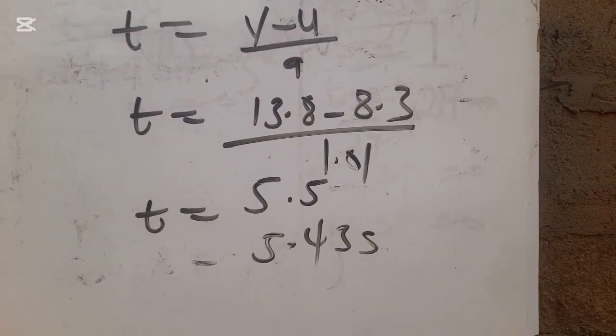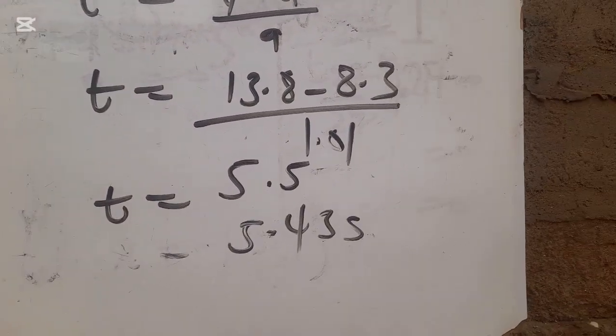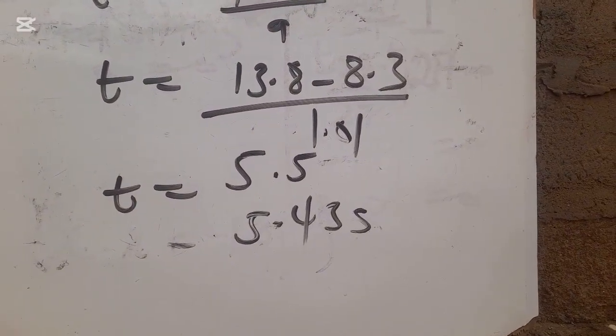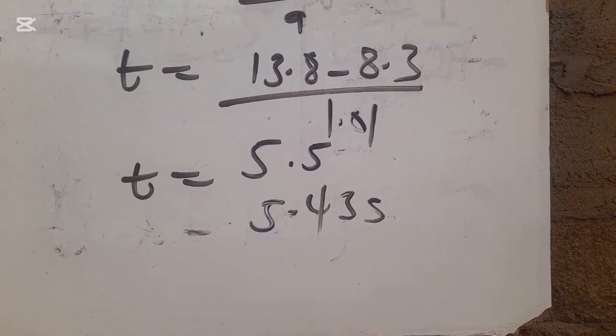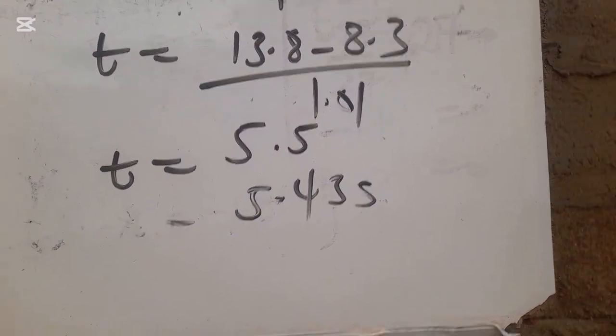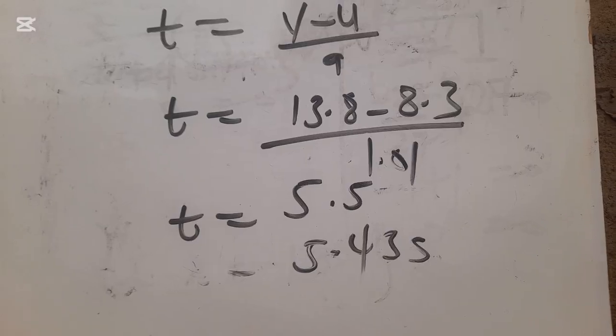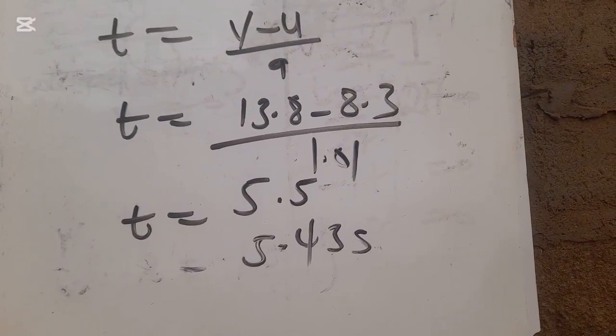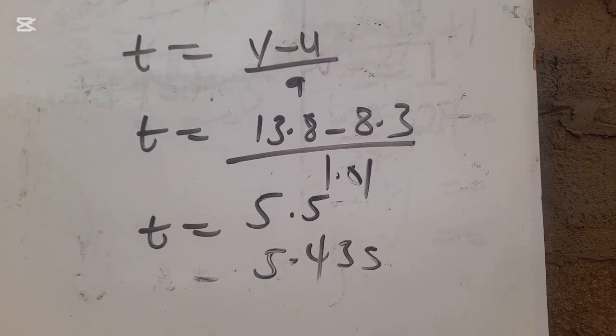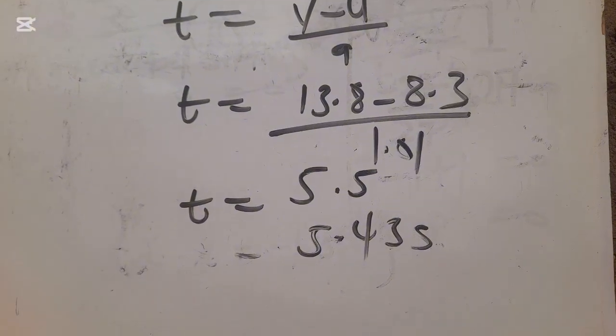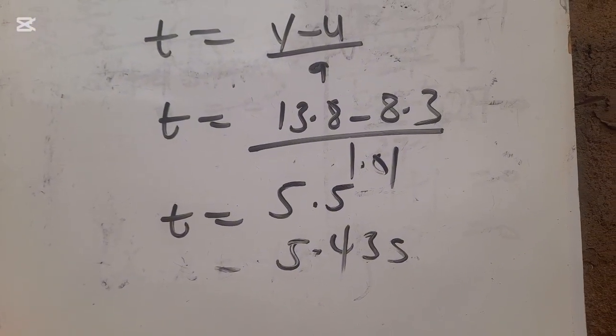So I recalculated it again and I got the time to be 5.43 seconds, which is approximately 5 seconds. If you do reckless or immature approximation, you are likely to get a reckless answer. I hope you pay attention to this detail.